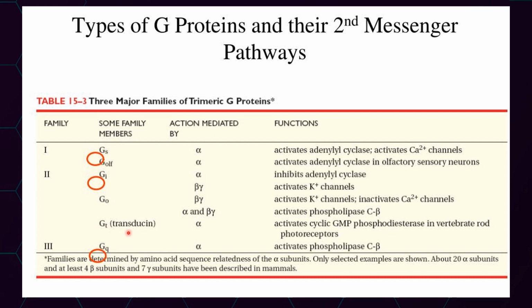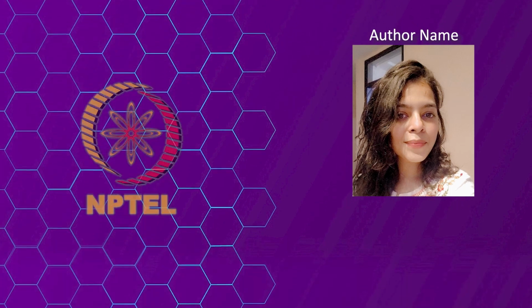It also has alpha as the action mediated subunit, and it activates cyclic GMP phosphodiesterase in vertebrate rod photoreceptors. Then we have the third family, that is Gq. Its action is also mediated by the alpha subunit, and it activates phospholipase C beta. So these are the functions of different types of G proteins and their secondary messenger pathways.